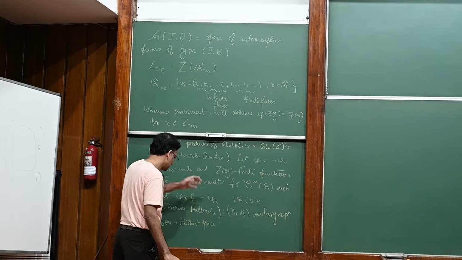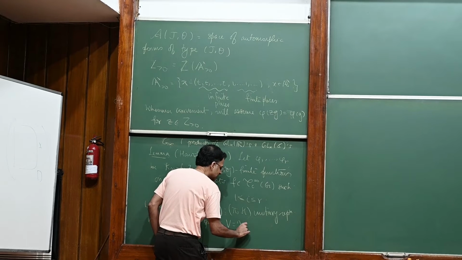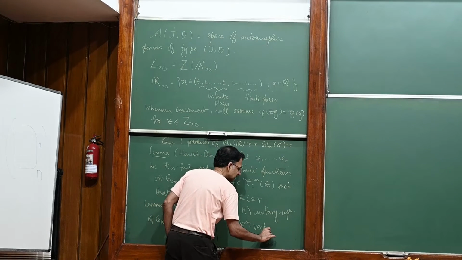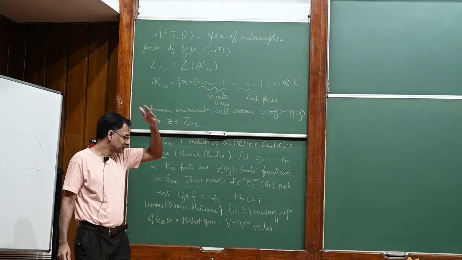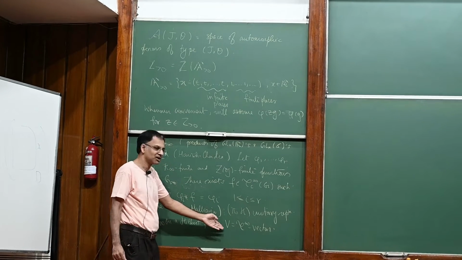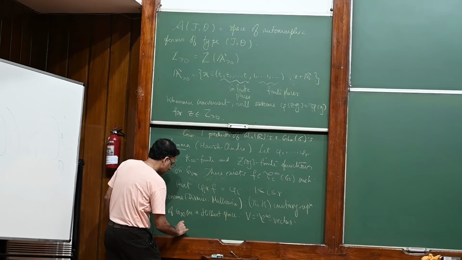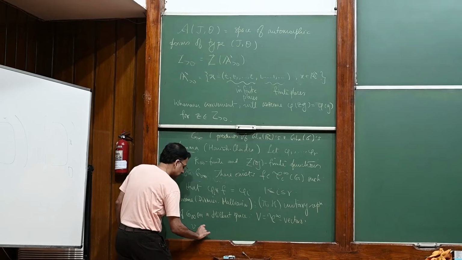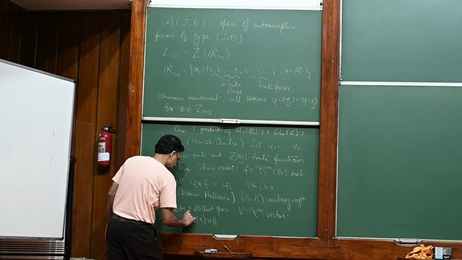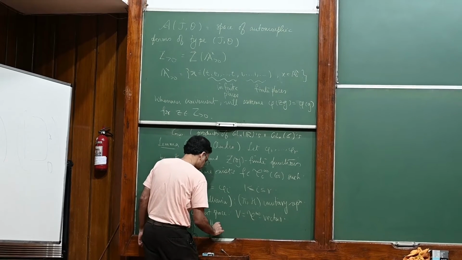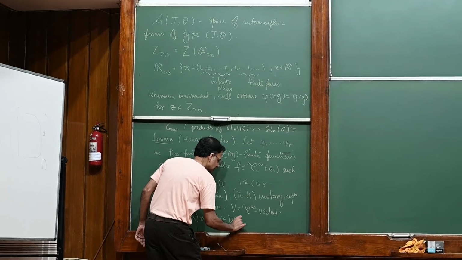Maybe I should put this before the statement of the lemma, but anyway. Let V be the space of C infinity vectors, smooth vectors in H. On this, one can topologize it using a family of semi-norms, roughly given by v goes to the norm of pi(x)v in the Hilbert space, where I vary x in the universal enveloping algebra.